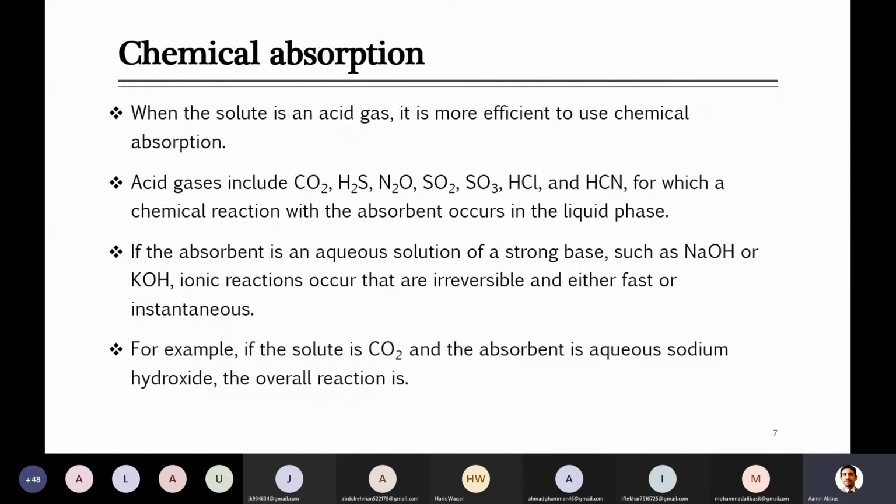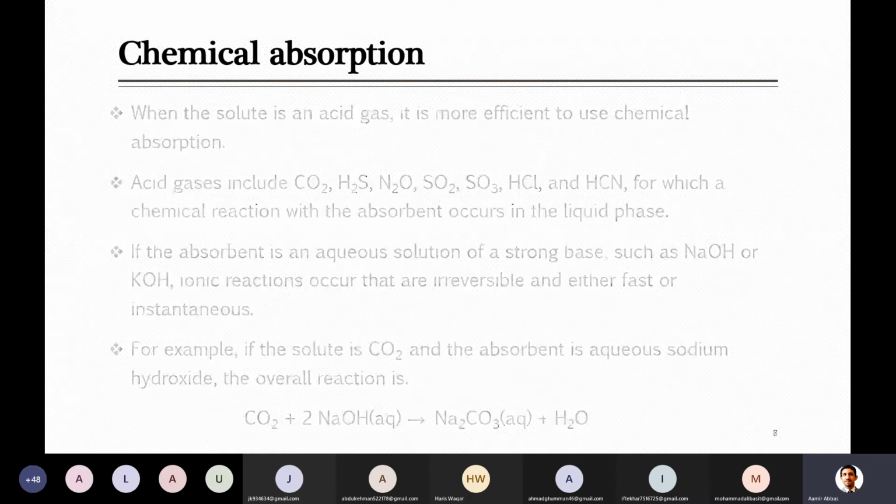So it will help you quickly absorb something from any gas stream and increase the efficiency of mass transfer. For example, if the solute is CO2, the gas you want to absorb from the gas stream, and you are using NaOH, it will make a salt and water is produced. This is generally the main reaction between acids and bases.